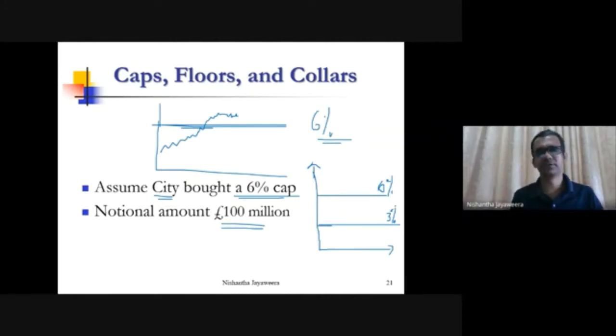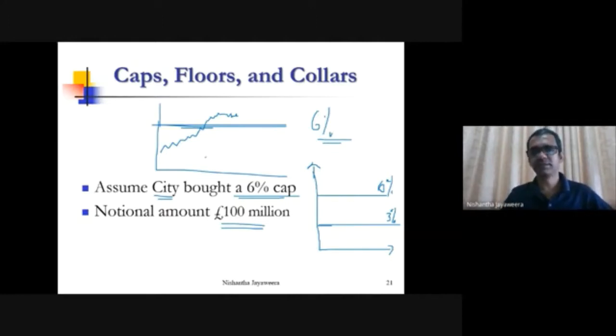Based on that, they can take that calculated risk. That's the one thing. You should know what your risk and return profile is. If they know, while buying a cap at 6%, they sell a floor at 3%, then what is the outcome? That is one thing.